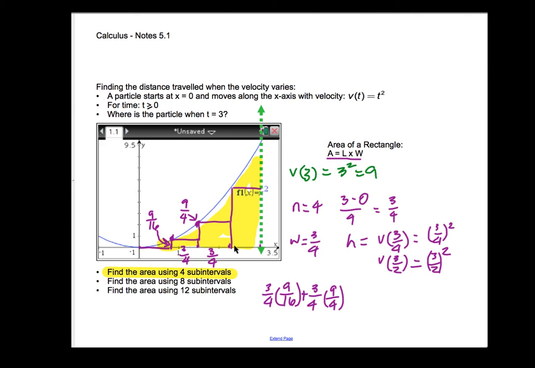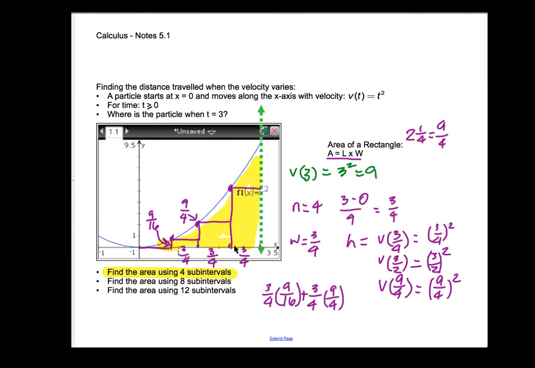And then we go for the third rectangle, which is also 3/4 wide, but we need this guy right here. So that's going to be at the point 2 1/4. And so if you're 2 1/4, you're going to be at 9/4. Okay. And so that's going to be the velocity at 9/4, which is 9/4 squared.